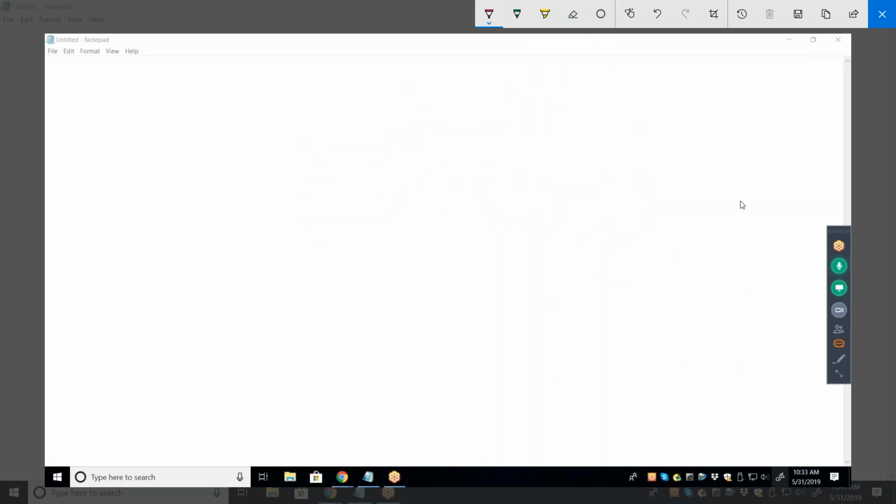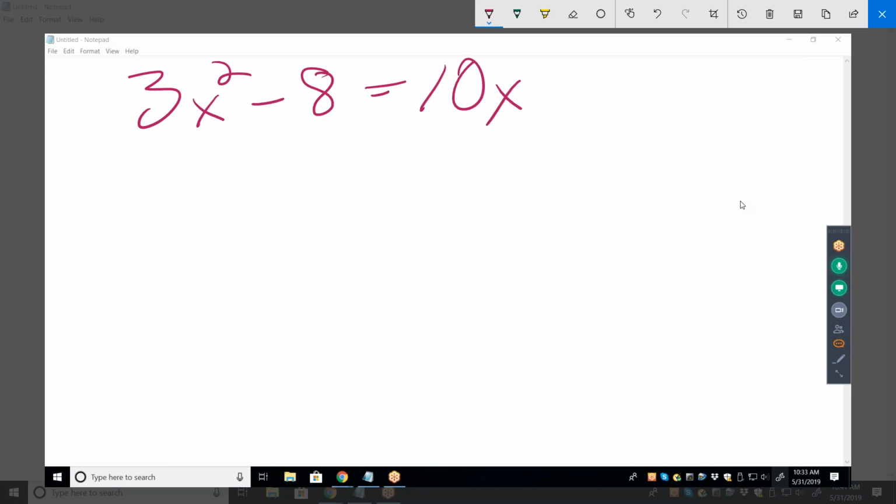All right. So for the next one, I have determine the zeros of the function, just as before. 3x squared minus 8 equals 10x. Again, what are we looking at? What's it called?